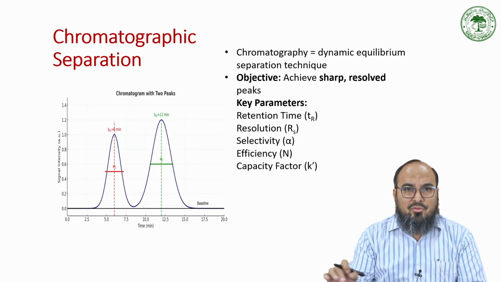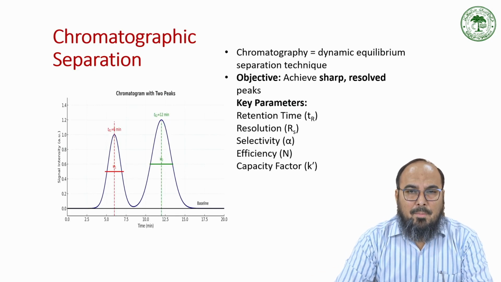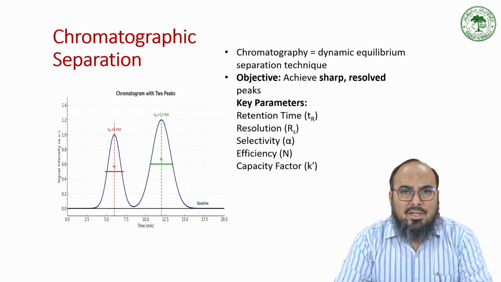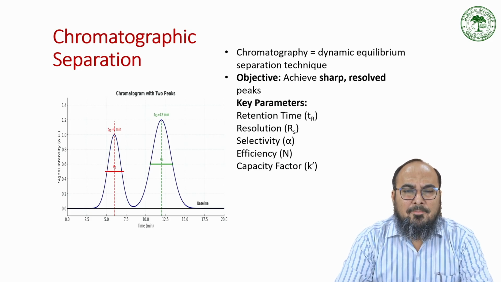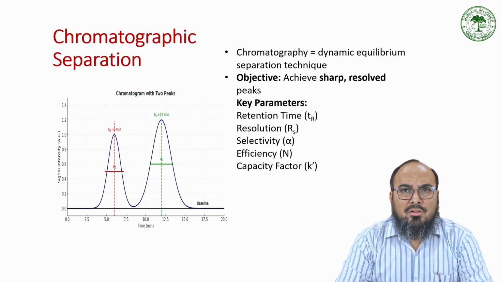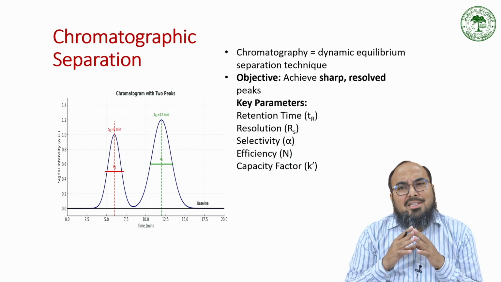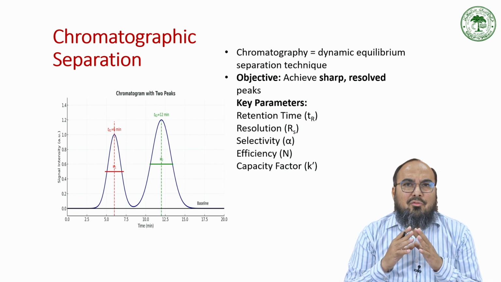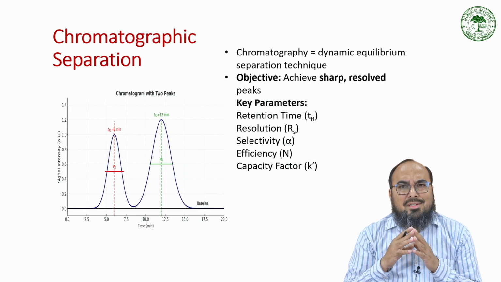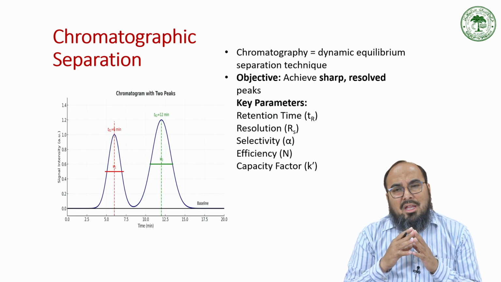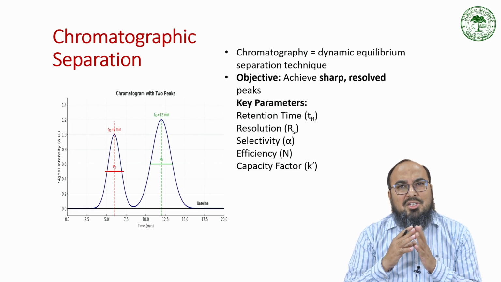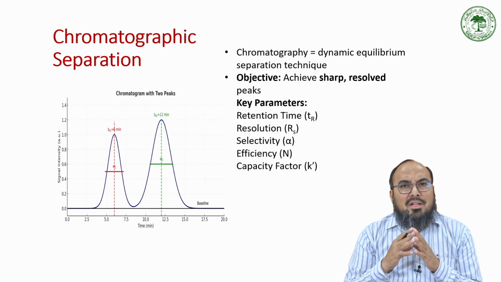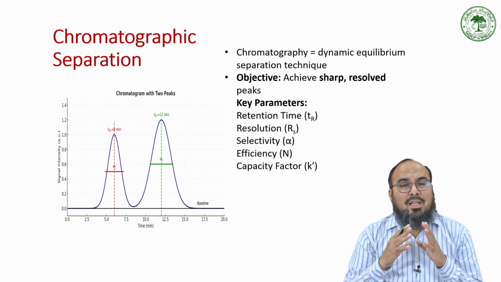Now, chromatographic separation. This is the most important part of any separation with regard to elution chromatography. Chromatography is actually a dynamic equilibrium where the solute molecules interact with the stationary phase, and depending upon the interaction, they travel with different speeds, their migration rates become different.